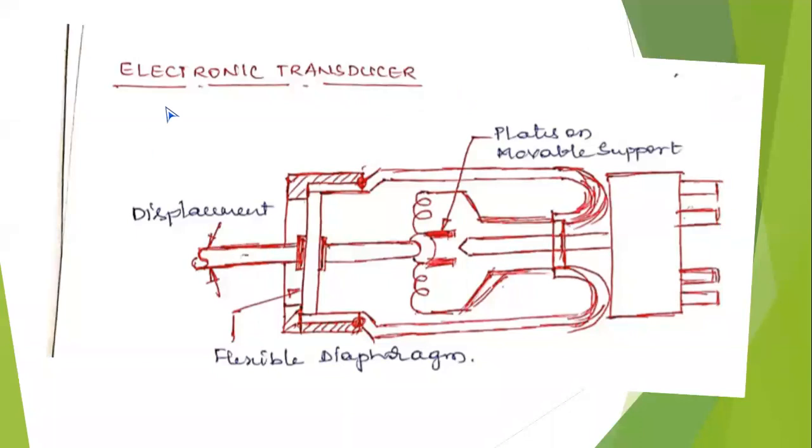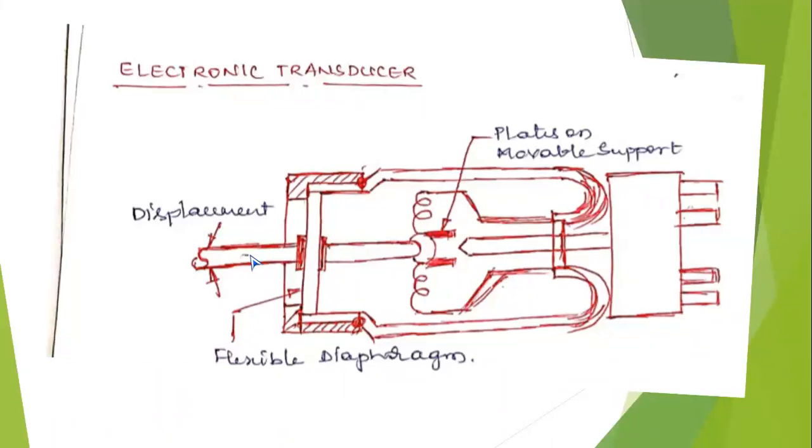The electronic transducer is used for measurement of surface roughness of the surface plate or granite block or any component that has a mirror finish. First, what are the components present in the electronic transducer?